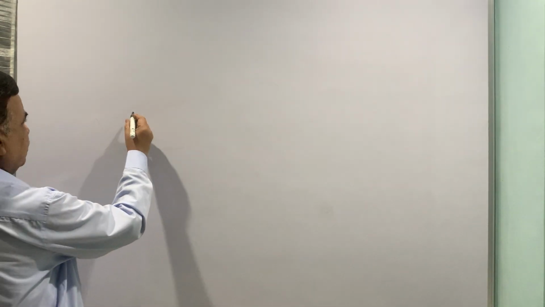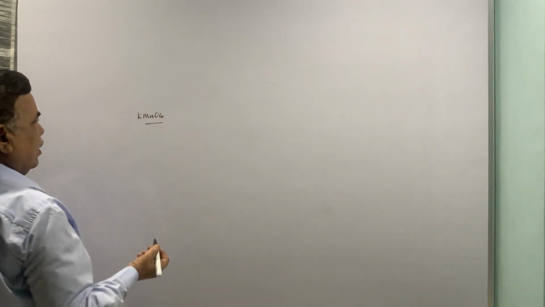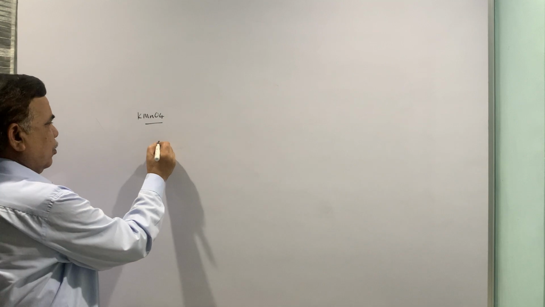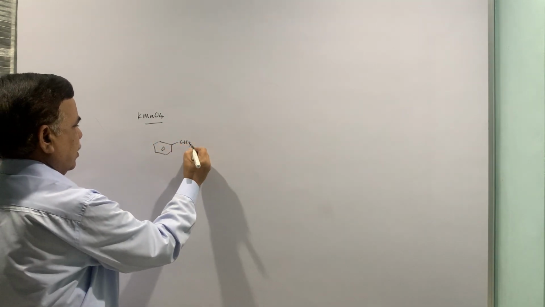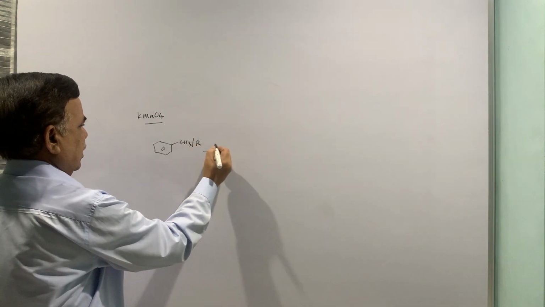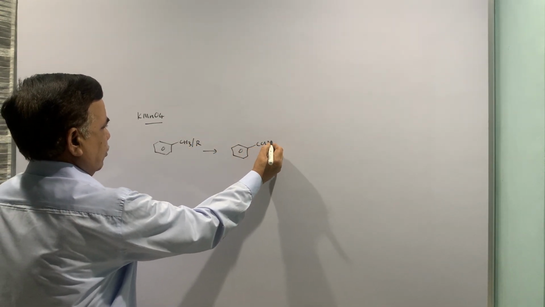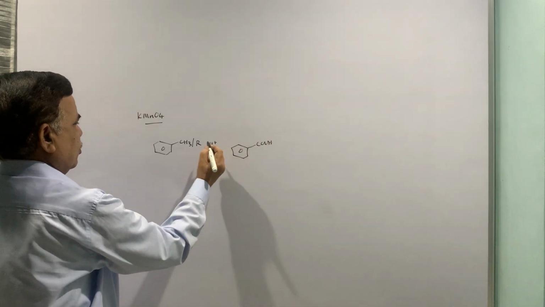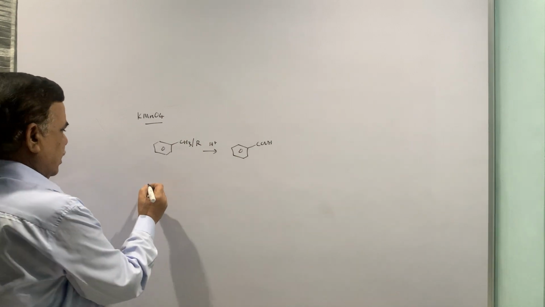KMnO4. Now there are two applications of KMnO4. One is it transforms any alkyl group to COOH, of course in presence of acid. So acidic KMnO4 will oxidize this.